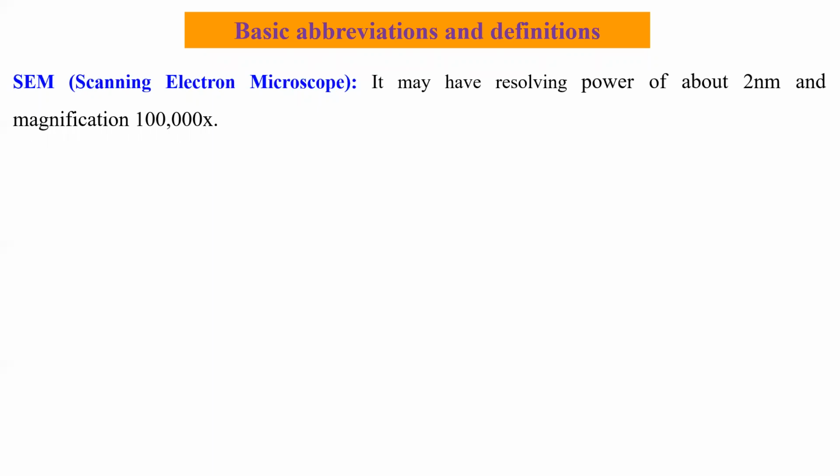If you go for analysis by scanning electron microscopy, they will ask at what magnification you want to see your sample. So you have to define it, or go through the literature review to know the magnification levels. We can say 100x, 200x, 500x, 1000x. You can say it like that.